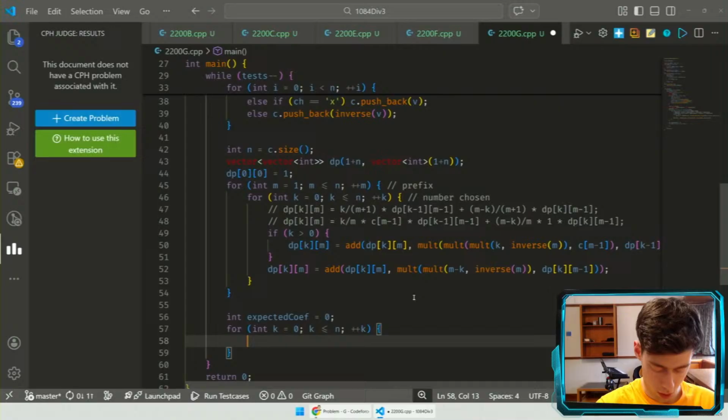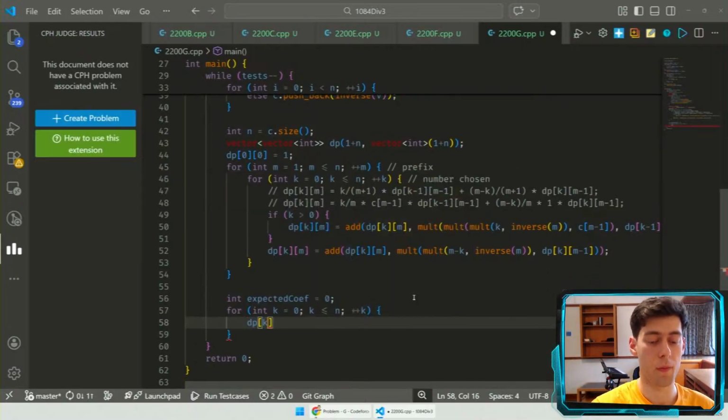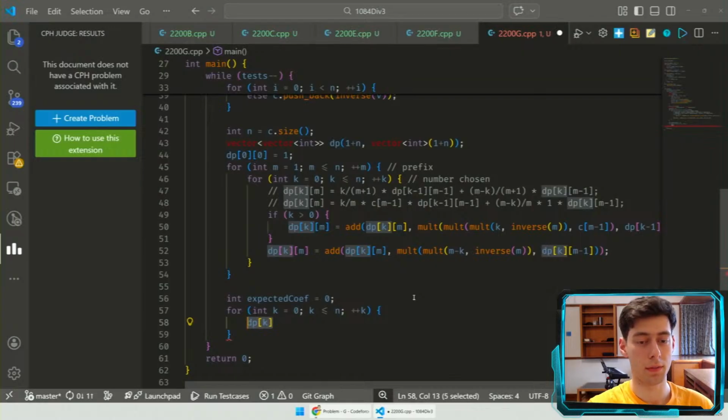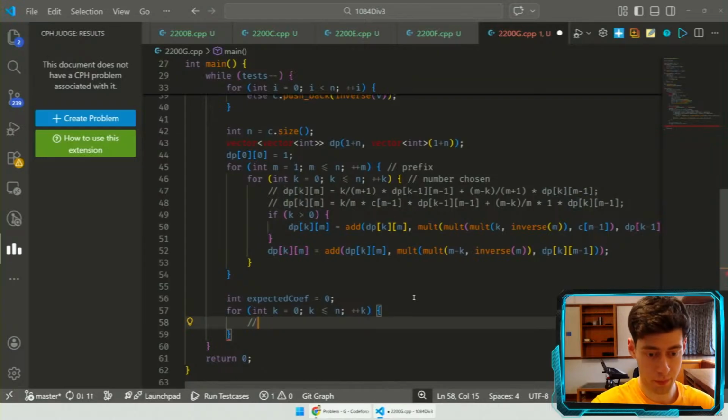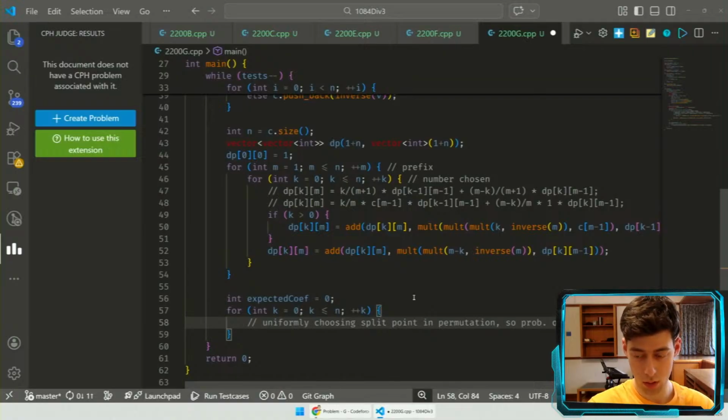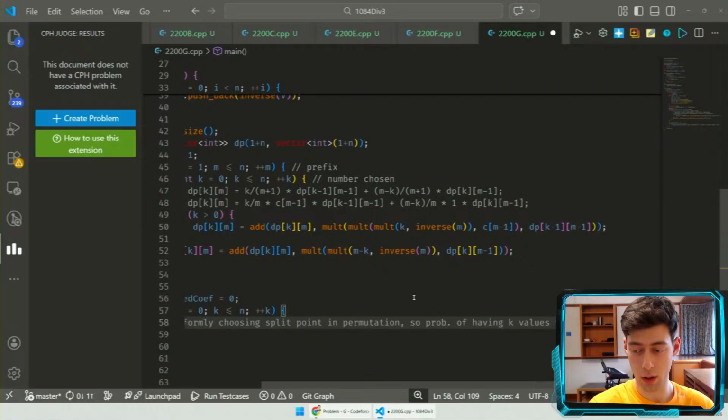So the probability of choosing k out of n, because we're uniformly choosing a point in a permutation to put a dot in, we're uniformly choosing a split point in a permutation, it's just 1 in n plus 1. So the probability of having k values to the right is 1 in n plus 1.